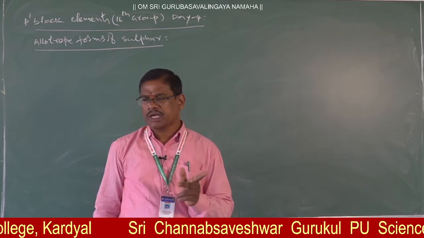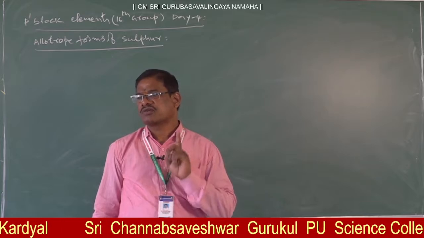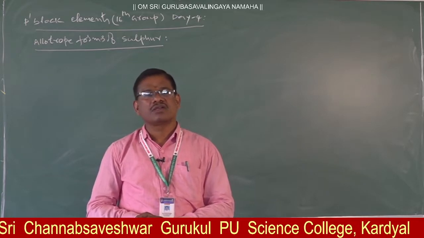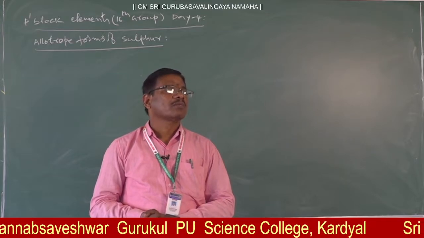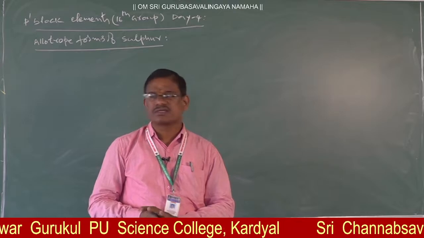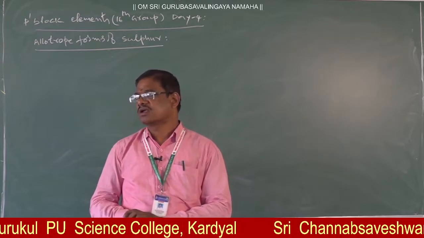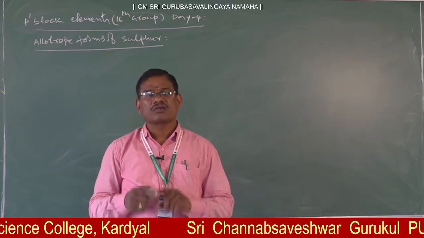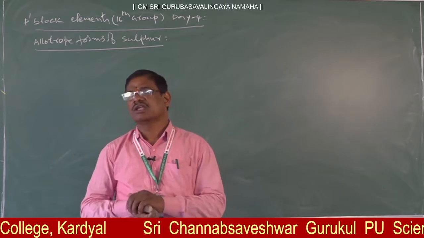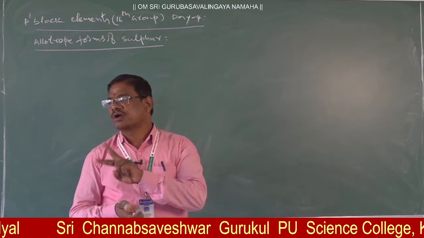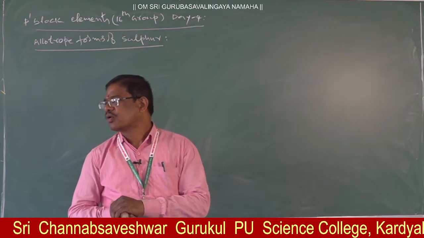Right? Rhombic and monoclinic. Rhombic sulfur is also known as alpha sulfur. Monoclinic sulfur is also known as beta sulfur. These two allotropic forms are the important allotropes of sulfur. Sulfur can exhibit many allotropic forms, but two are important, which are rhombic as well as monoclinic.